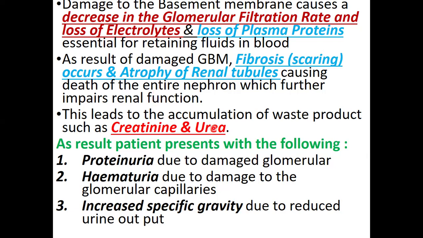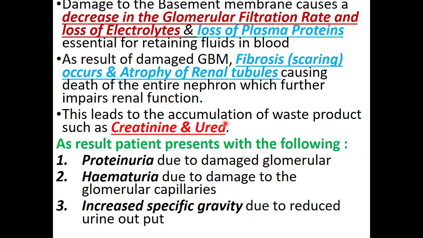But with time, because the kidneys are failing to filter, filtration rate drops. Creatinine and urea and other nitrogenous waste begin to accumulate. So at some point, this baby may develop azotemia, a condition in which there's excessive accumulation of nitrogenous waste.